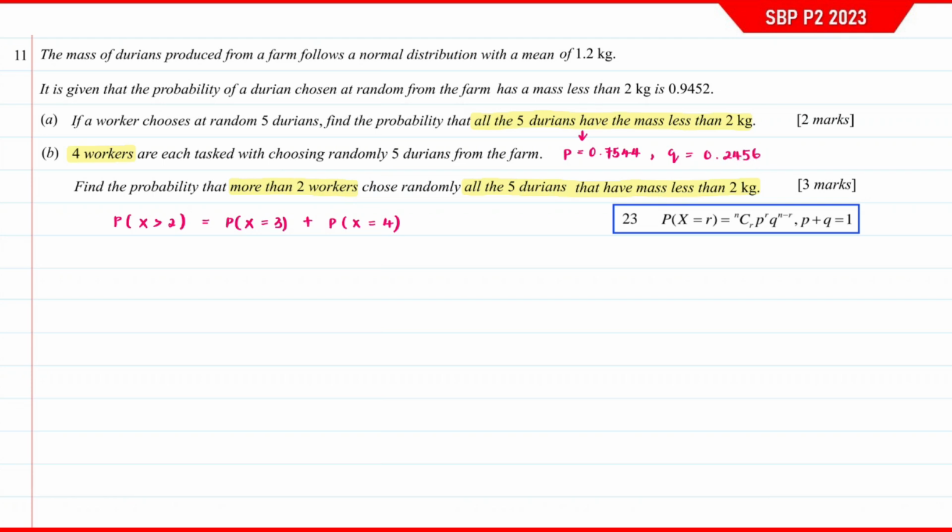So next, we're going to substitute all the information into the formula. So this is equal to 0.4218 plus 0.3239, which is equal to 0.7457.